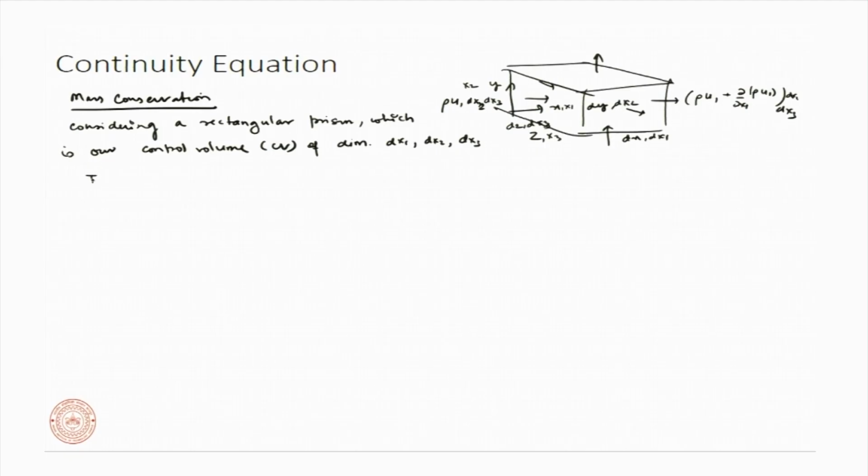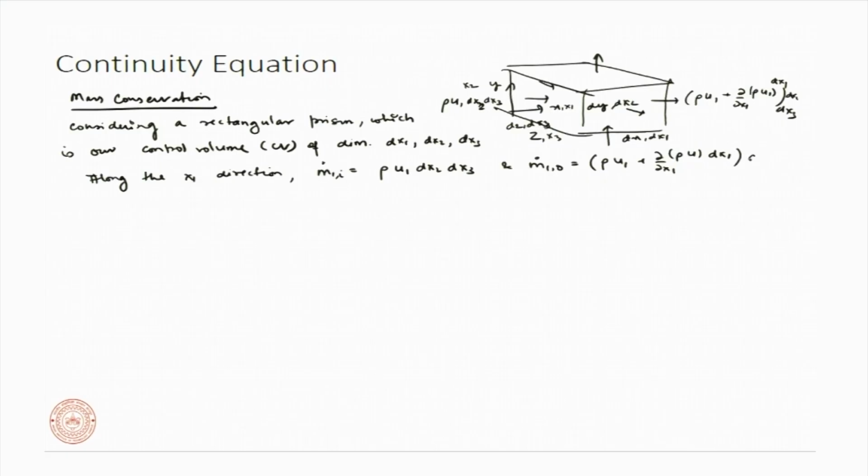If we take along the x1 direction, the inlet flow rate would be the density times u1 times dx2 times dx3, and the exit or outlet will be equal to rho u1 plus del by del x1 of rho u1, and there is a dx1 missing from here, dx1, dx2, dx3. Okay.